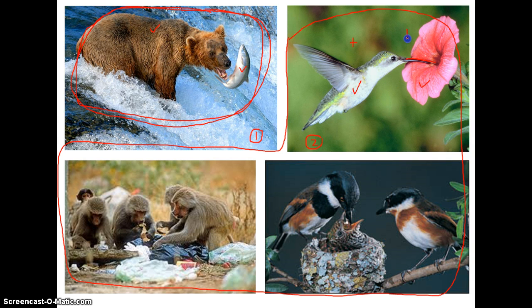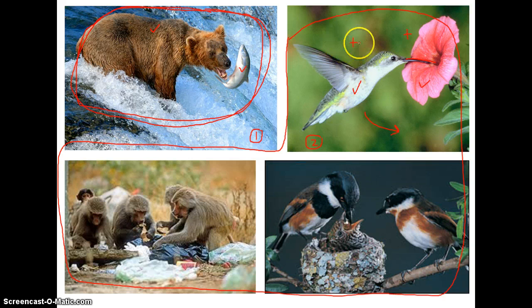Now the flower also benefits from this relationship because as the hummingbird sticks its beak down into that deeper part of the flower, the flower is able to give some pollen, some reproductive material, off onto the hummingbird. And when the hummingbird goes and lands somewhere else on another flower of the same species, basically the hummingbird is allowing that flower to reproduce with a flower of its same species somewhere else.